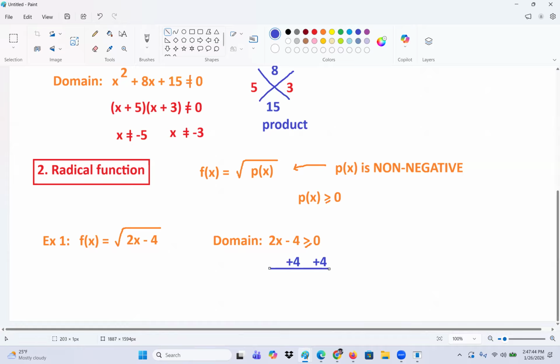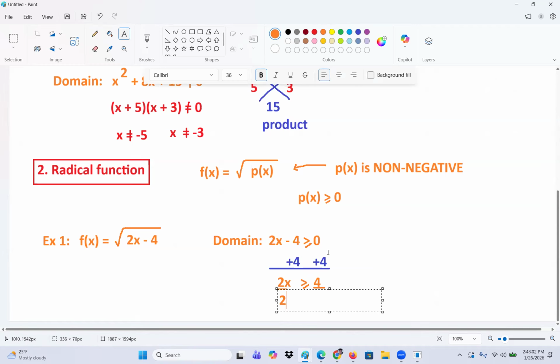So we have 2x is greater than or equal to 4. And then we divide both sides by 2, meaning that x has to be greater than or equal to 2.